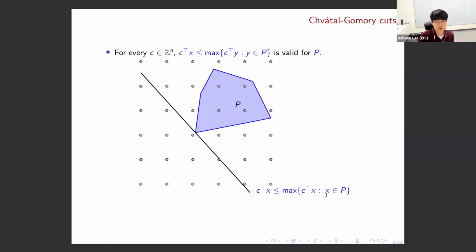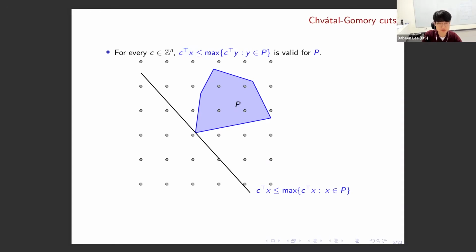Chvátal and Gomory introduced a very nice and simple way of generating cuts. Given an integer coefficient vector, let us consider this inequality. If you take a look at the right-hand side, this is the maximum value of this linear function over the points in P. So by definition, this inequality must be valid for every point in P. But we look at integer points inside P. If you take an integer x, the corresponding c transpose x value should be an integer.